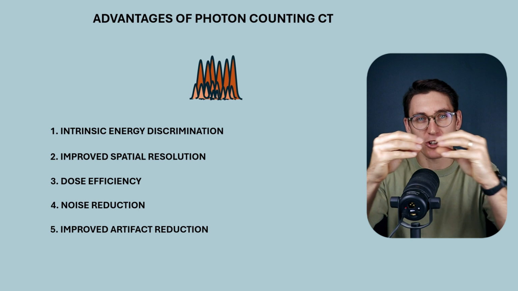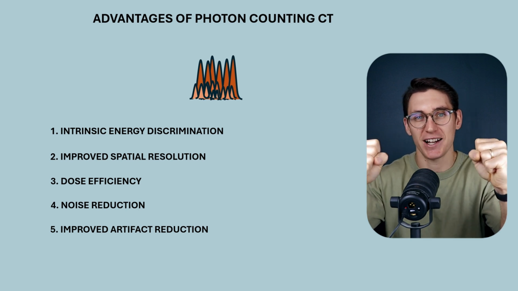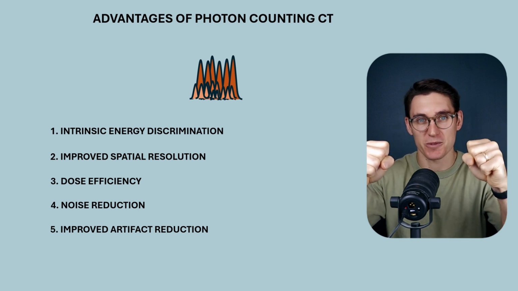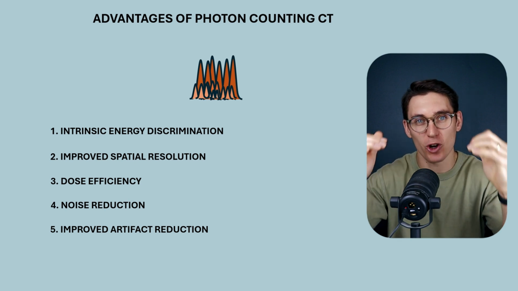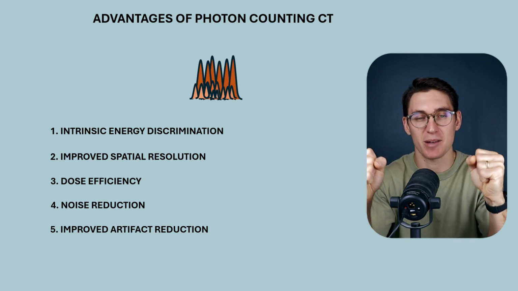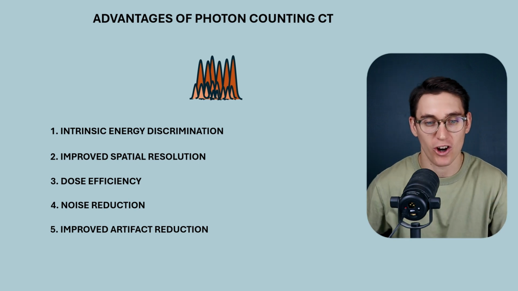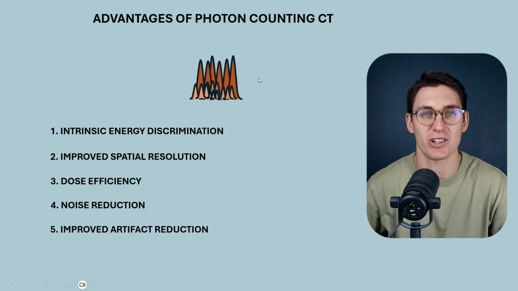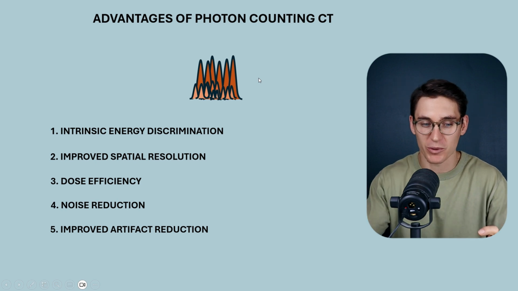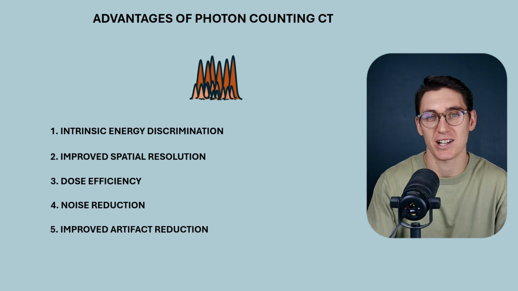When we got those dark regions between two highly attenuating structures like the petrous bones, we got darker values between them, lower Hounsfield unit values, because of that beam hardening. We can prevent that from occurring by removing those harder X-rays, those higher energy X-ray photons. That's one example of how we can remove artifacts in photon counting CT.